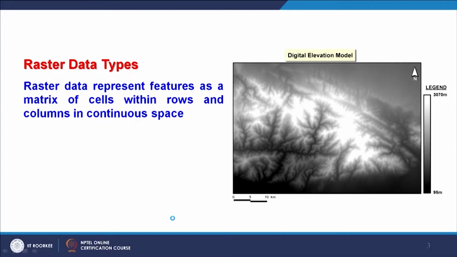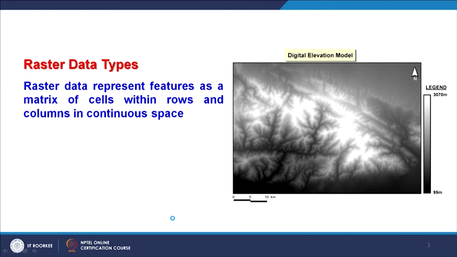Now, the raster data types, I have already mentioned two main types, grid and image. On the right side you are seeing the grid example, a very common grid data which we use in GIS, and in the last 10-15 lectures we are going to have a lot of discussion about digital elevation models and their derivatives, and we will be using the same digital elevation model as shown here.